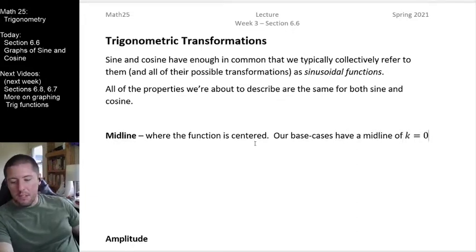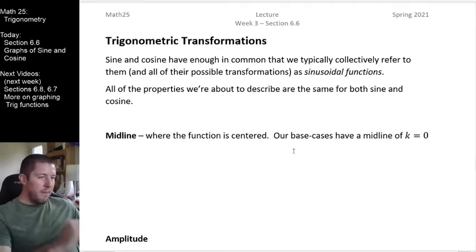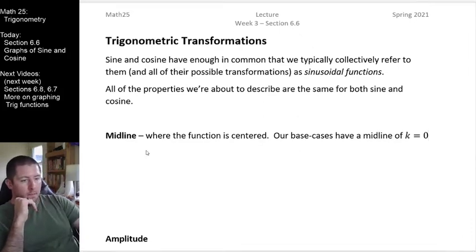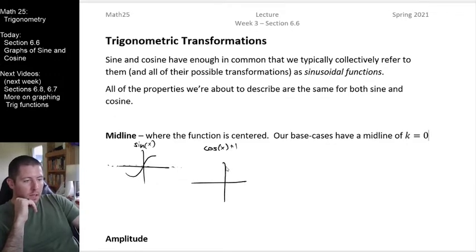Our letter that's often used for the midline, doesn't really matter, is k. But we're saying here that when we graph our sine and cosine functions, our midline is exactly this guy right here for sine of x. We did our cosine of x plus 1. And when we graph cosine of x plus 1, this guy was looking like this guy right here. This had a midline of 1.